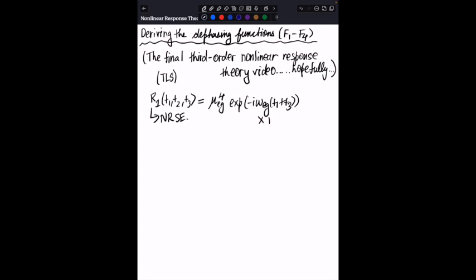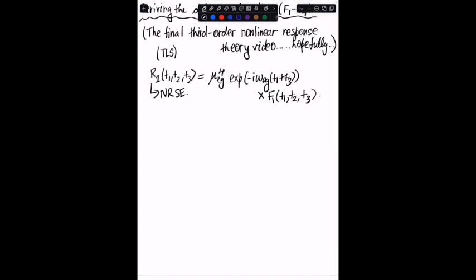And you have your dephasing function F1, which is a function of T1, T2, and T3. Likewise, you have R2, R3, and R4. To save some time and space, I will write this as R1 slash R4, and here I can put in an F1 slash F4.